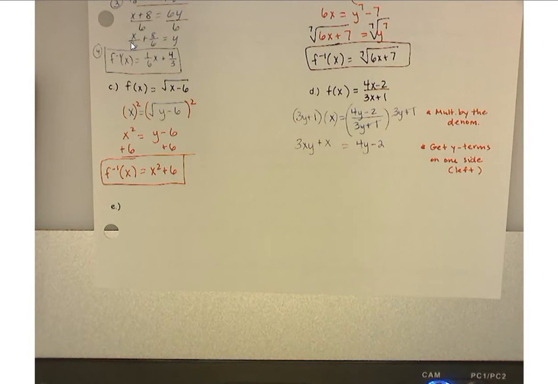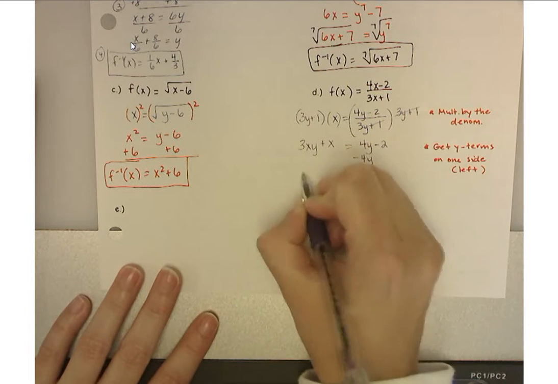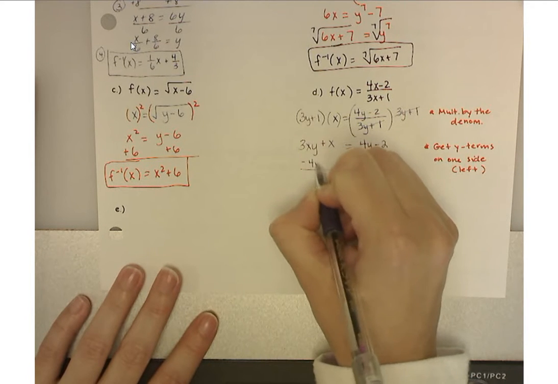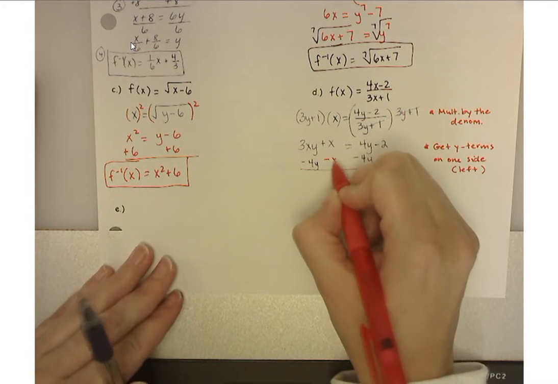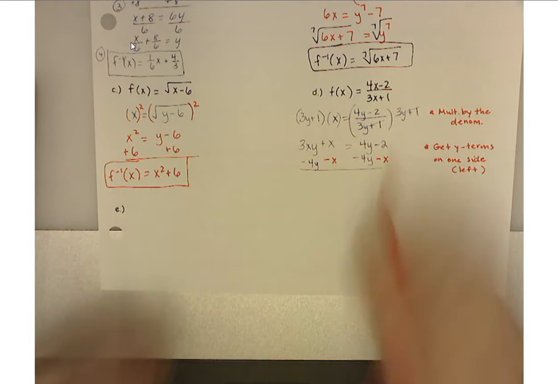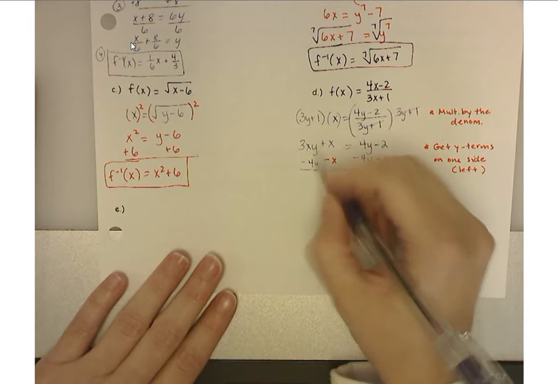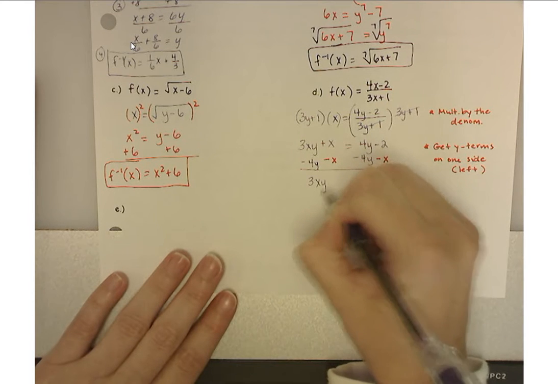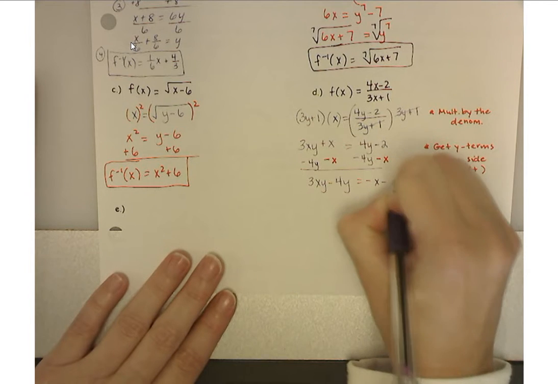Okay, so if I move all my y's to the left, that means I'm subtracting 4y. In addition to getting all my y's on the left, I have to move everything else to the right. Because if I'm going to factor, I can only have terms that have y in them. So this is going to be 3xy minus 4y equals negative x minus 2.